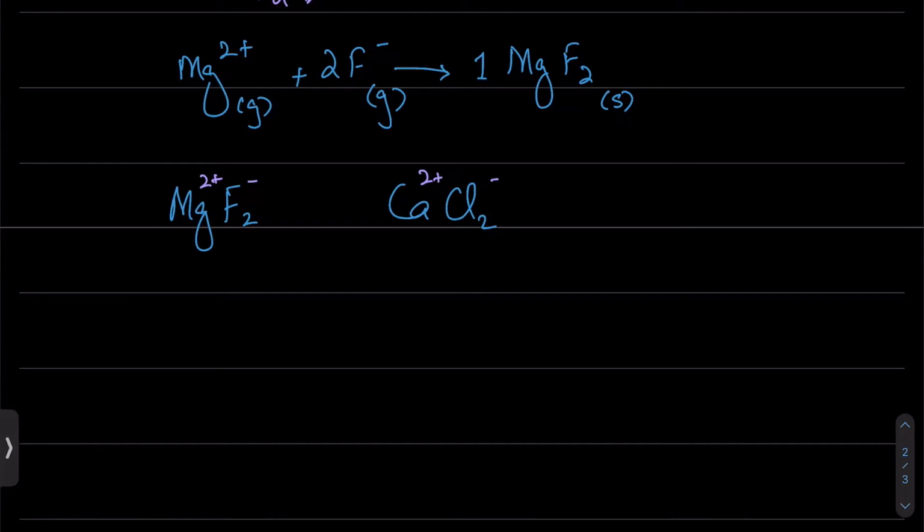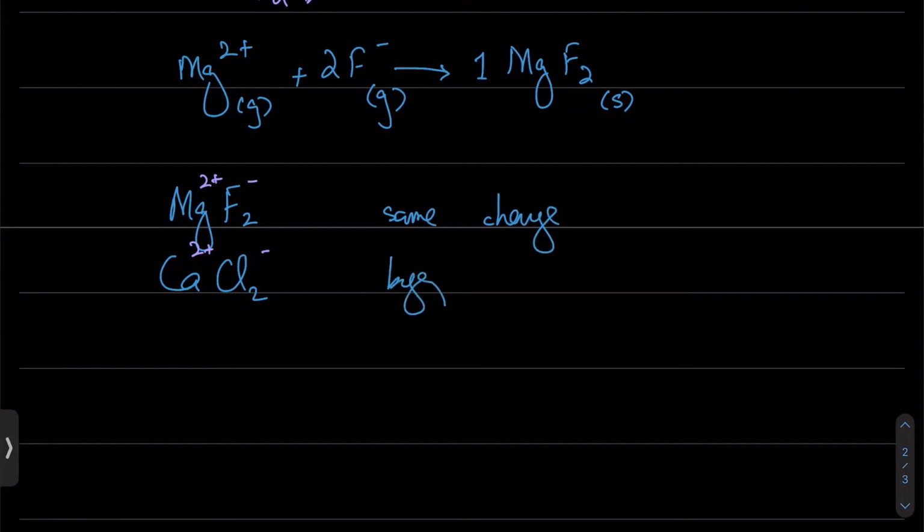But if you look at it, calcium is in the same group as magnesium, and chloride is in the same group as fluoride, because of the charges. But chloride is bigger than fluoride and calcium is bigger than magnesium. So what do you have in common? You have same charges.